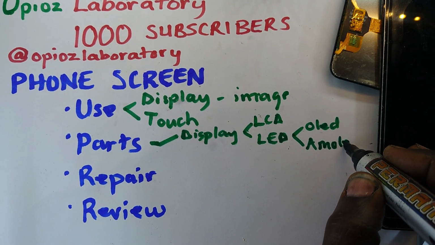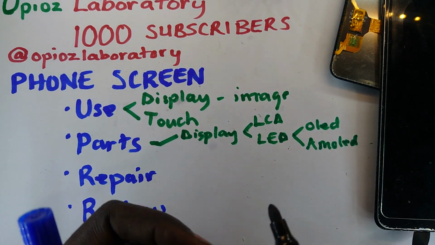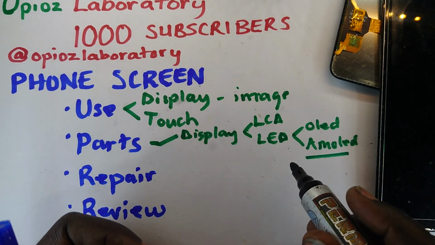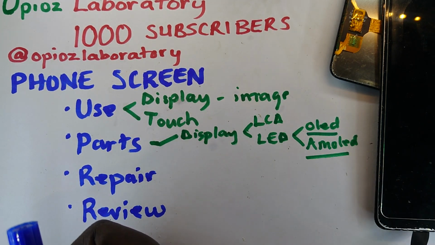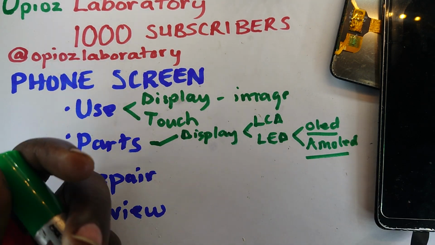OLED usually is just the passive version of OLED, and AMOLED is the active matrix version. This is common to the Samsung phones. This you'll find in the iPhones and other smartphones that implement OLED screens.